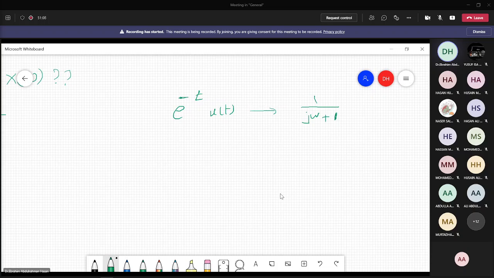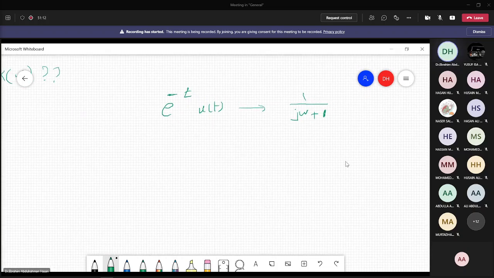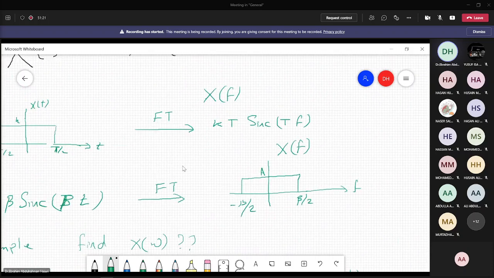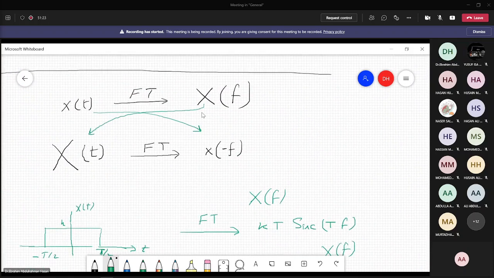So what did we say here? We said to replace x of f with a t, replace f with a t, so replace omega with a t, and here replace t with minus f.